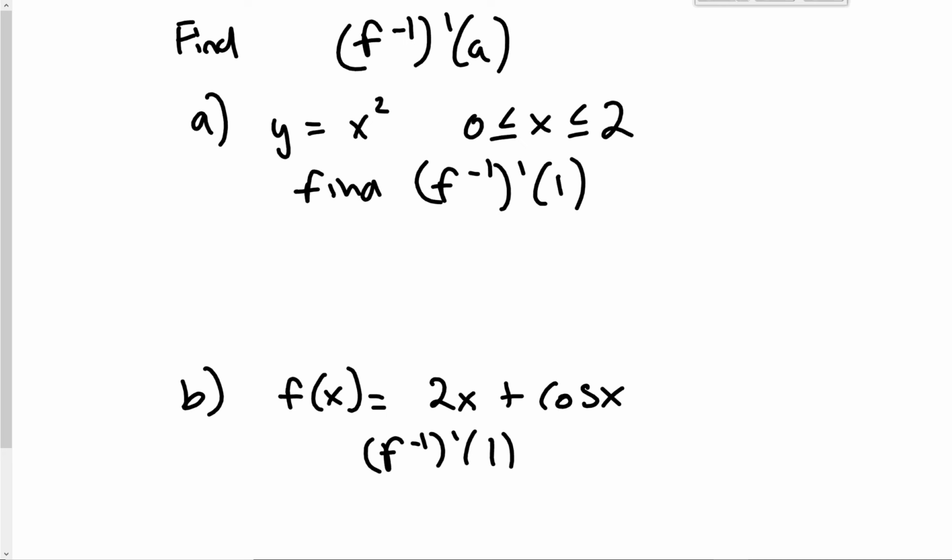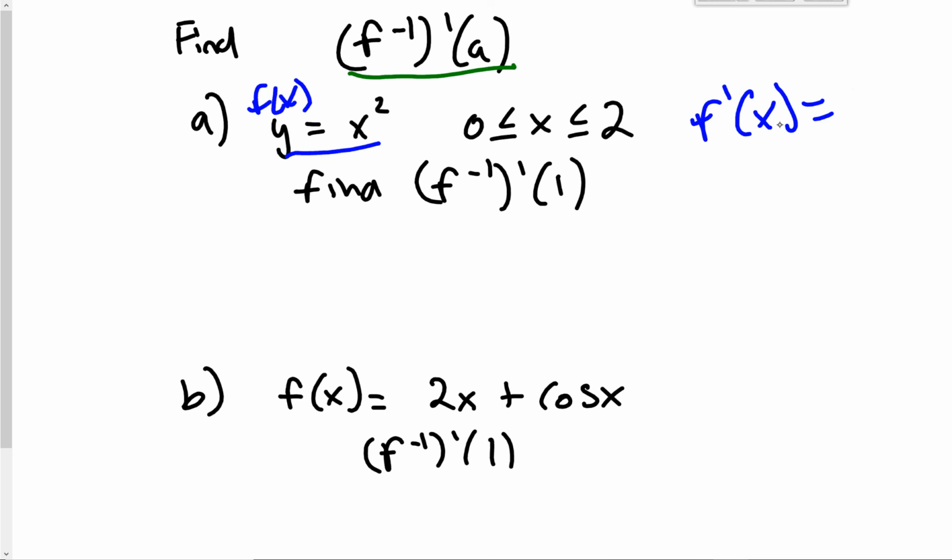Okay, so we want to find the derivative of the inverse function at a. Here we have our function, so we're going to take the derivative of that. The derivative, we can switch that to f of x if we want to. f of x equals, then we can take the derivative of that.